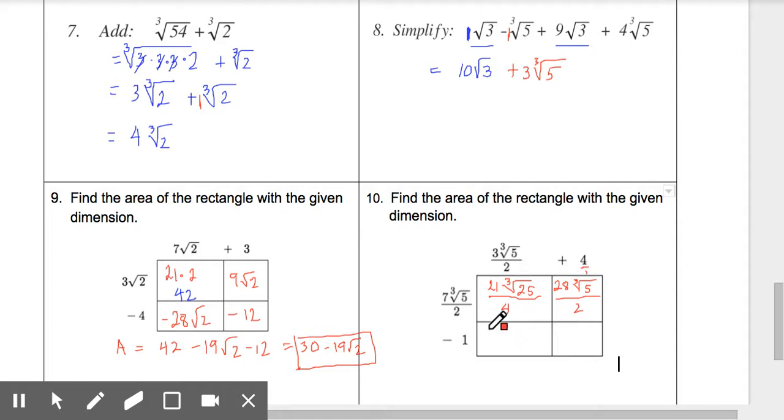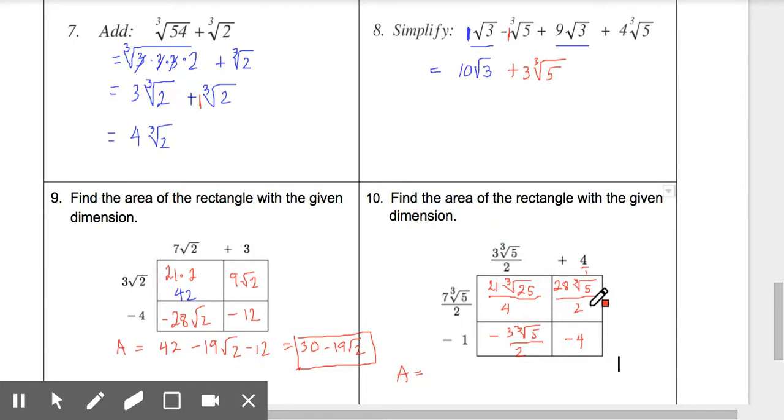Now here, negative 1 times this guy is negative 3 cube root of 5 over 2. And lastly, we have negative 1 times 4. It's going to be negative 4. So now we are ready to write the area of the rectangle.